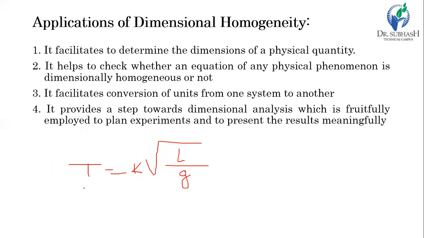If you take the fundamental dimensions of all the quantities, let's try. First start with the right hand side. So the right hand side is L by G. L is a length parameter, so it is L1, divided by G, the gravitational acceleration.